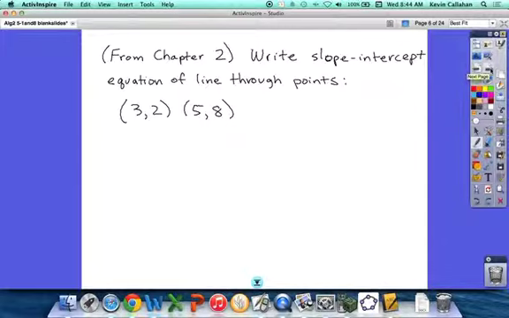Now, this one in particular, before we start looking at scatter plots of data, remember that in Chapter 2, we were supposed to be able to come up with the equation of a line if we had 2 points. And if you remember, we did that by doing this. We used point slope form.